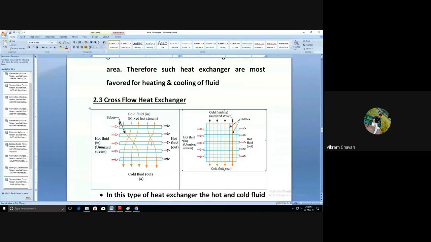If you take the temperature on the third tube, it will be different from the temperature on the second tube. But whatever temperature we take on the second tube, we will get a uniform temperature over that tube. So that is the advantage, or the feature, of the first type of cross flow heat exchanger, where one of the fluids is allowed to mix its streams.